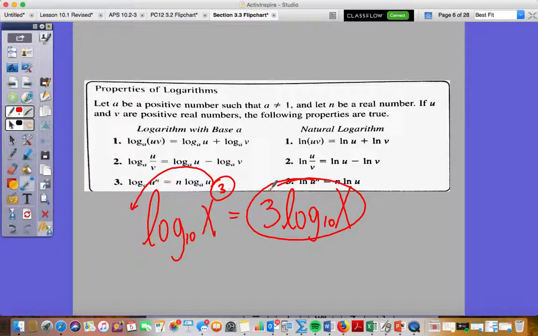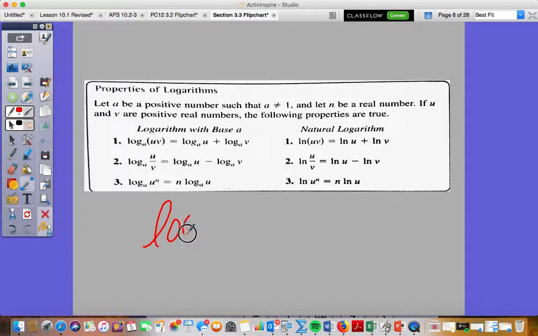Okay? Great question. So if I had something that was, that's actually a really good question. Log base 10 of the square root of x. Okay? What is the power of square root of x? Negative 1 would be 1 over x. That's a good thought, though, Kennedy. It'd be 1/2 power.